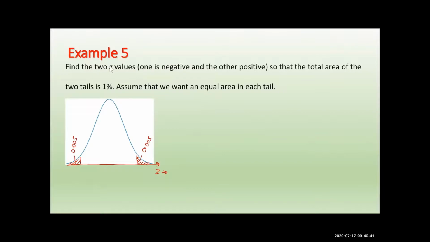So we want the two z values. Here the z will be positive, some value, and here this will be a negative z value. What we know is, if I know this value, it will be the same value here with opposite sign. For example, if this is 2.3, then this will be negative 2.3. So all I need was the area on the left of the z-score. I already have that area.